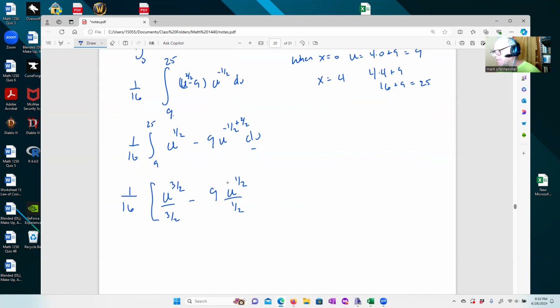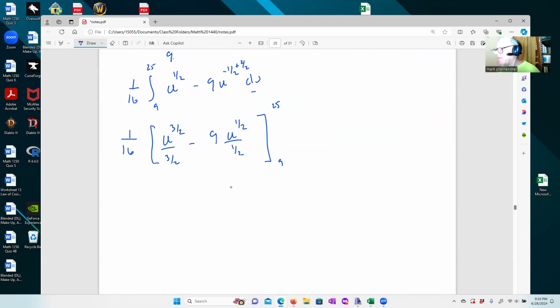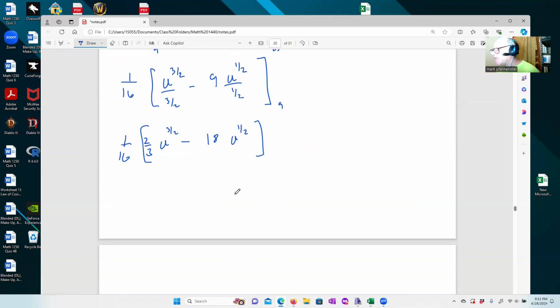Remember this 1/16 is the whole thing here, and you're going from 9 to 25. So here we are with our 1/16. I have 2/3 u to the 3/2 minus 9 divided by 1/2, which is 18 u to the 1/2. And I think we are ready to start plugging in some values here.